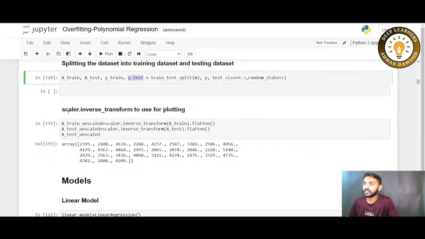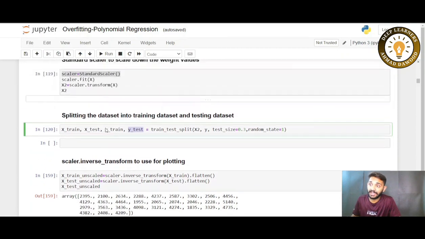Okay, so here I am using scalar dot inverse transform for plotting, because when I have to plot some graphs, I want to use the input data, the x data, the independent variable, which is unscaled. I don't want to plot my graphs on the scaled data.